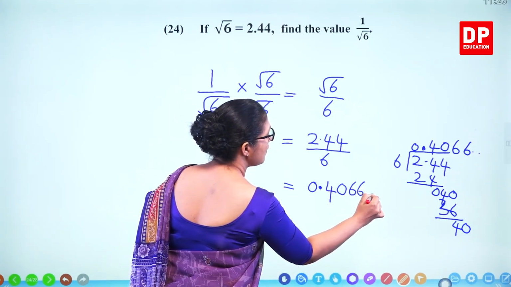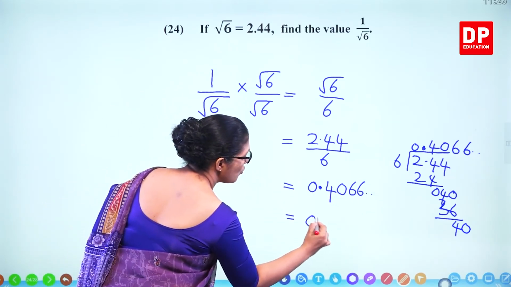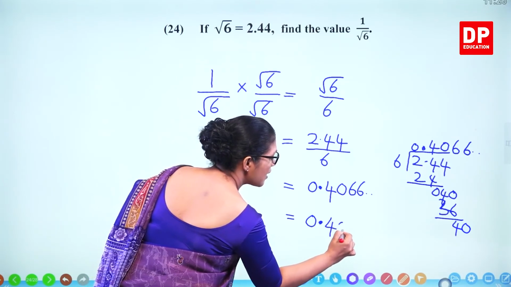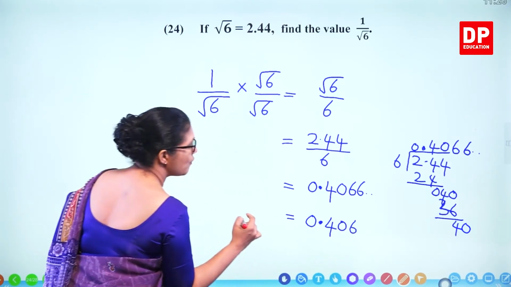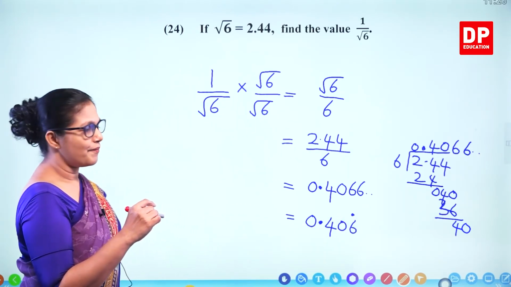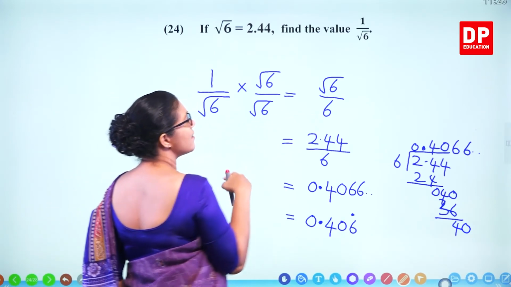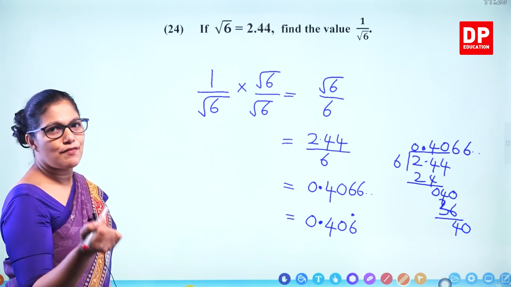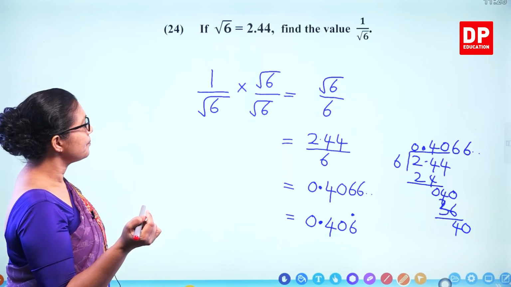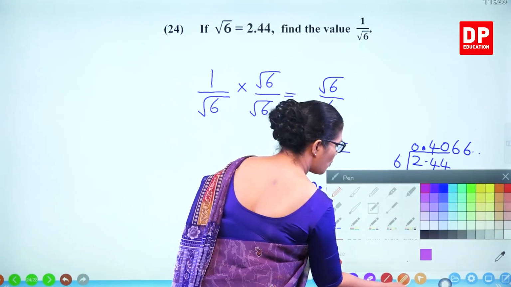They have not given up to which decimal place, so you can write it as a recurring decimal 0.406 and we can put a dot above. But when it comes to an irrational denominator, it's difficult to divide. So this is the answer. So you get 2 marks for that.